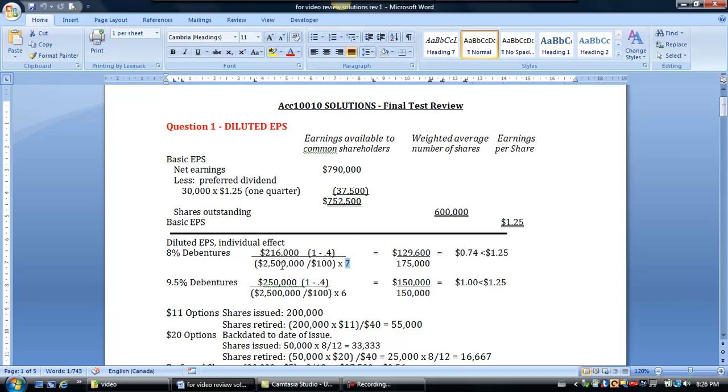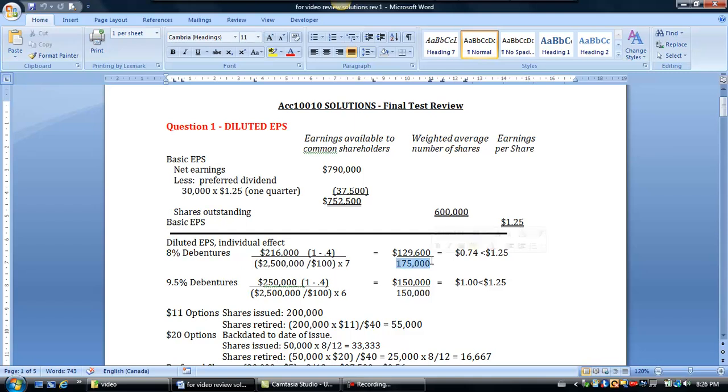So in this case, we're going to have 25,000 bonds, each bond convertible into 7 shares. And I got 25,000 bonds by doing what's in the bracket: 2.5 million divided by $100, because we're trying to calculate how many bonds we have. That would give us 25,000 bonds, each of which is convertible into 7 common shares.